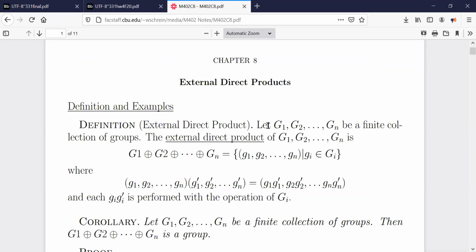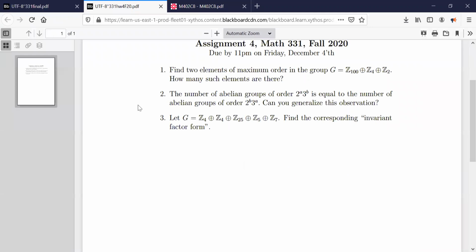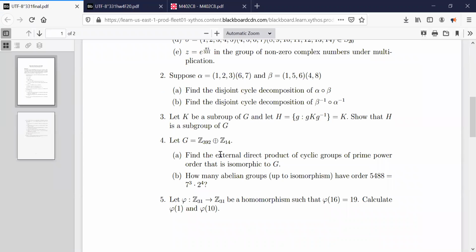Okay, the external is a finite collection of groups. Yeah, that's good. So that can be very naturally extended. That should be the right method. And you just do the prime factorization of each of these and extrapolate from there.